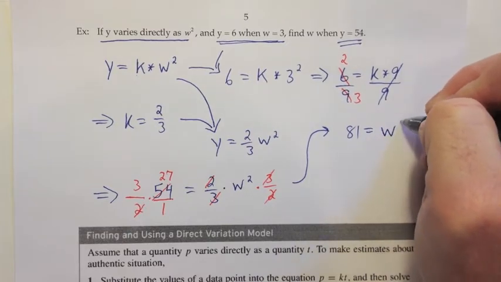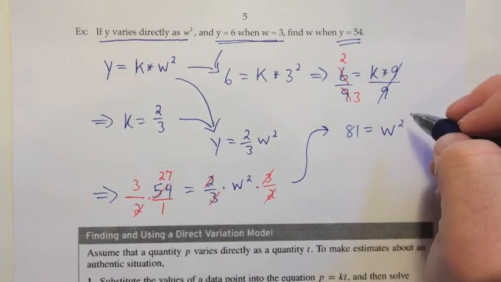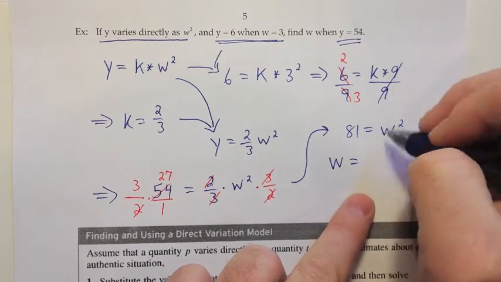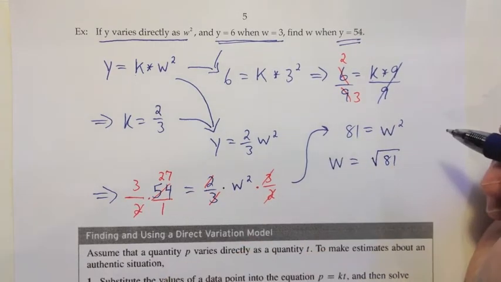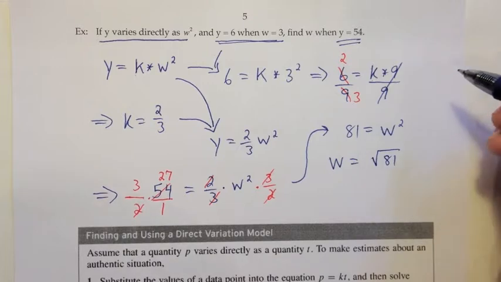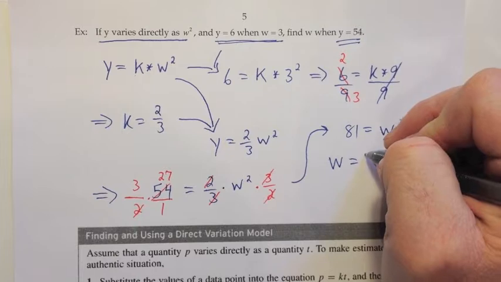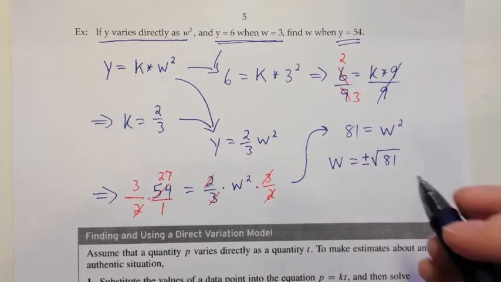equals w squared. And then to solve for w, we could take the square root of both sides or raise both sides to the 1/2 and say that w is the square root of 81. But one of the things that we might remember from previous chapters is that if you're taking an even root, then you're supposed to give both a plus and a negative answer.